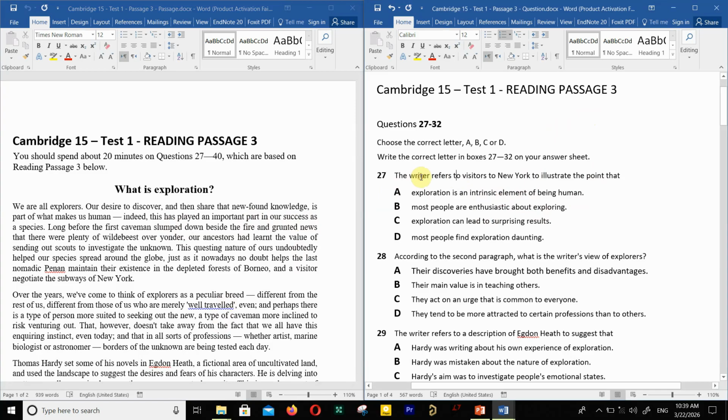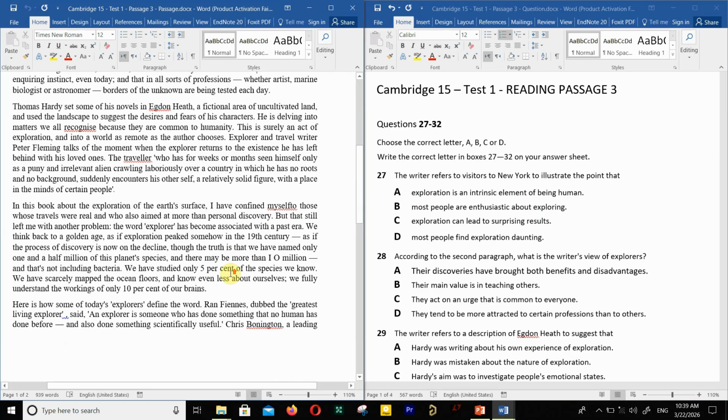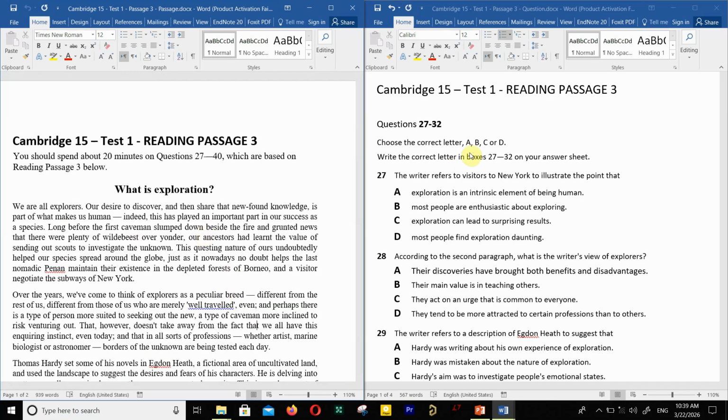For example, 27 is paragraph 1, 28 is paragraph 2, and so on. These are the orders. But because this is passage 3, understanding the paragraphs or sentences is much more difficult, so you have to go through it more than once while you're practicing to make your mind ready.